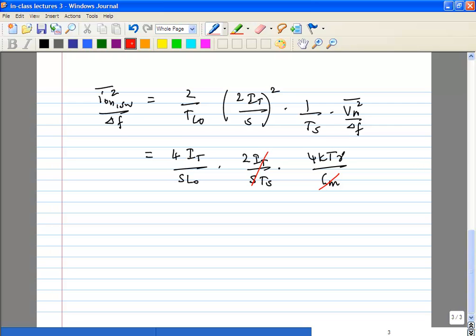Gm is nothing but 2IT over STS. Four kT gamma times, sorry. Okay, that's S times TLO.